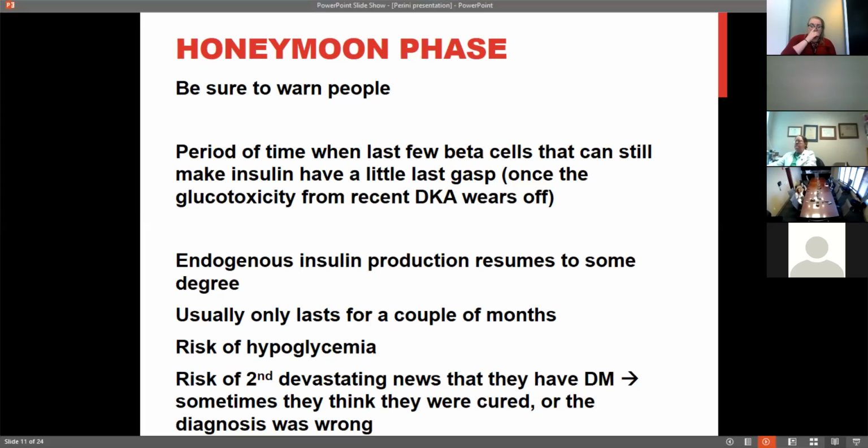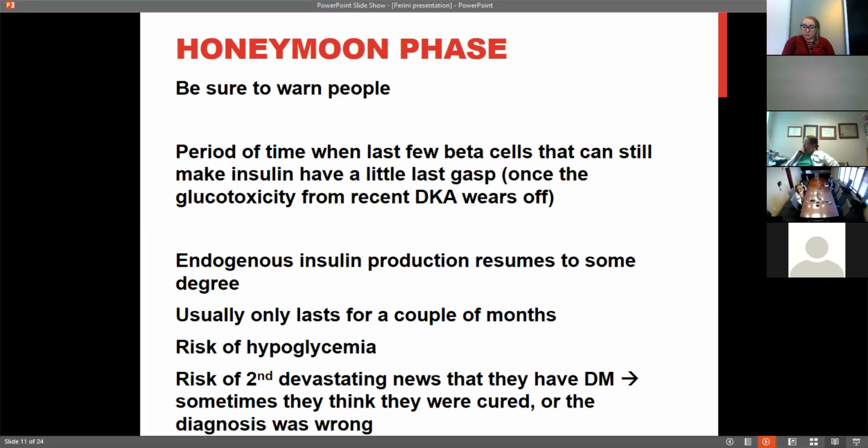They're off of insulin and their sugars are fine. This is because, like I was mentioning a couple minutes ago, some of the beta cells have not been completely destroyed yet by those antibodies. And they were unable to function efficiently a month ago when you were in DKA because the sugars were so high that there was glucotoxicity.